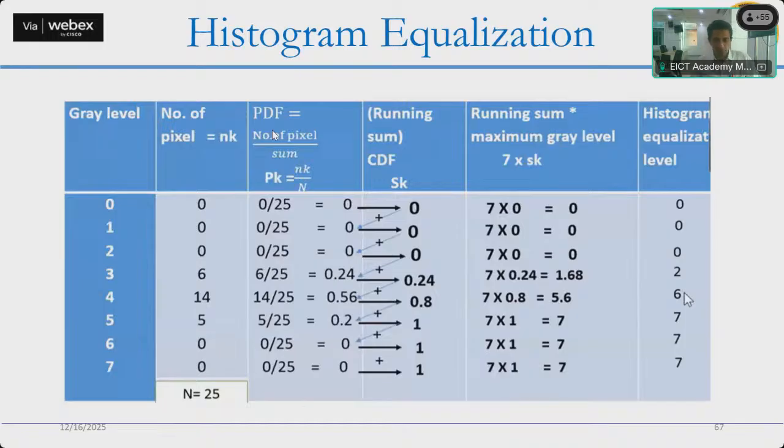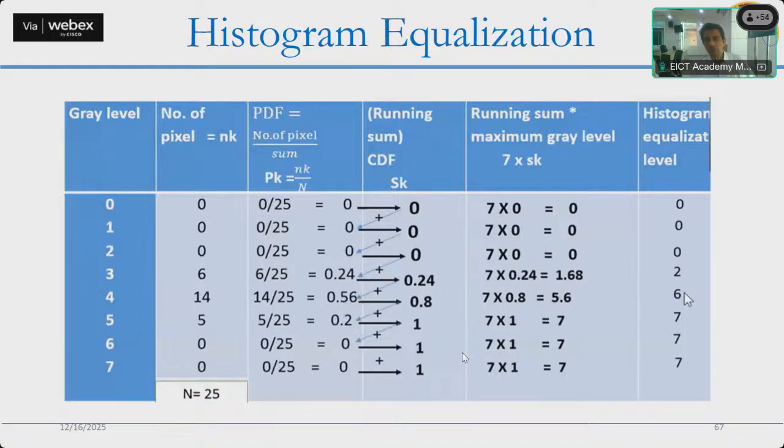I hope you have read this in the context of communication courses. So 0.24, then 0.24 plus 0.56 is 0.8, 0.8 plus 0.2 is 1, and thereafter 1, 1.